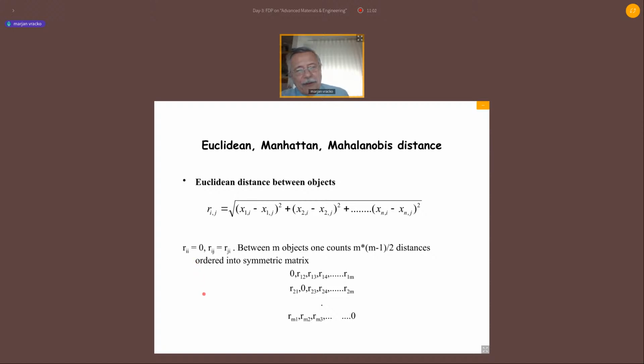If I have m objects, the count of distances is rising with the square of the number of objects, which is very fast growing. Just a very short example, the population of Slovenia is 2 million. We can calculate the distances between all Slovenian people, but the population of India is 1 billion, and it is too much. We cannot calculate the distances between all Indian people.